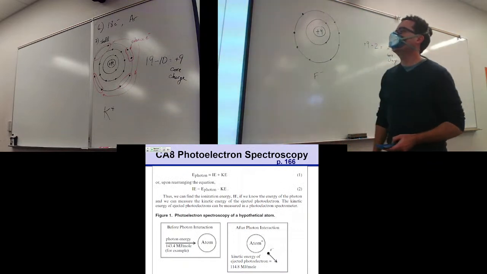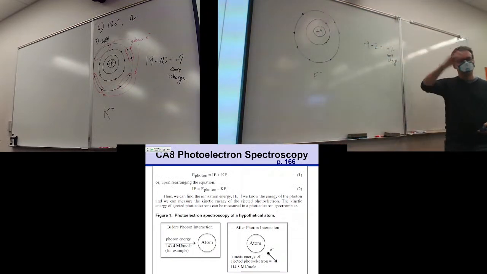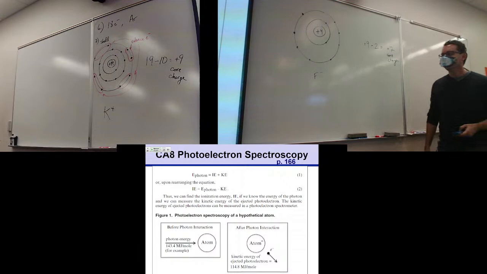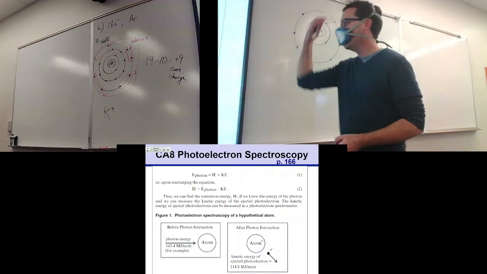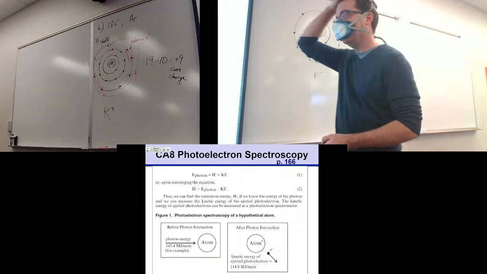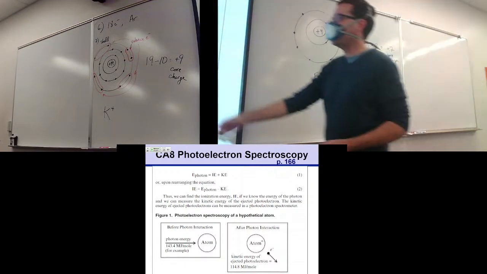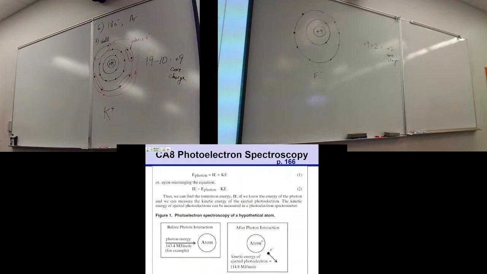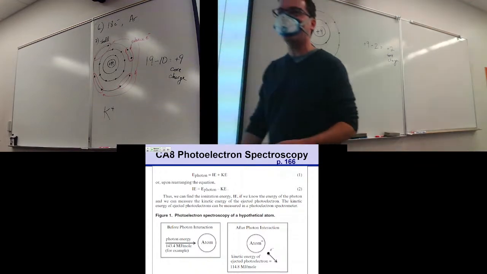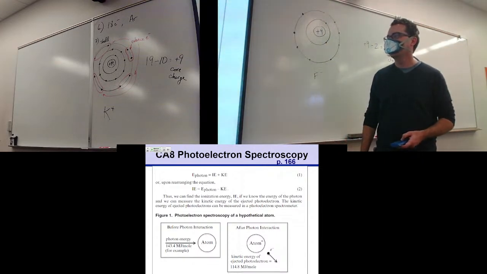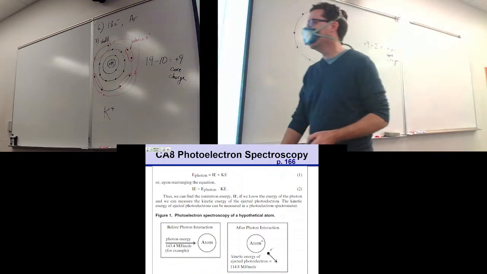So here's chemactivity 8. We're skipping all the way now to 8. We've finished our basic shell model. We're going to refine the shell model now using this information. So here is a sample energy of photons: 143.4 megajoules per mole of photons. Those are really high energy photons, X-ray photons.